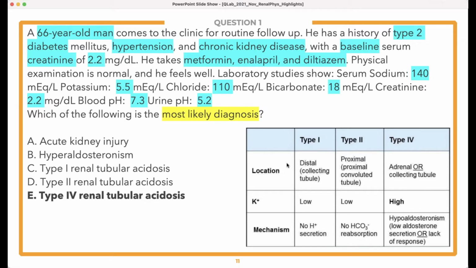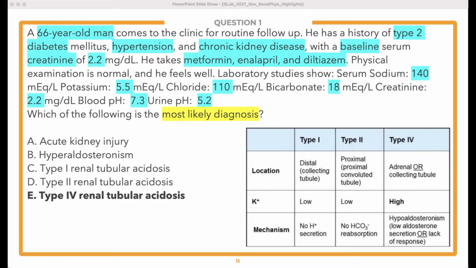So we know this patient is acidotic. So this patient has a normal anion gap metabolic acidosis. It's pretty close, but I think it's about 12. With your normal anion gap metabolic acidosis, one of the things you want to consider is RTA. This patient also has hyperkalemia, so that would push me more towards type 4 RTA.